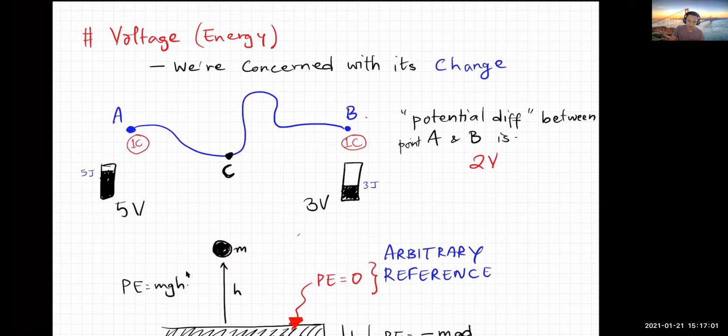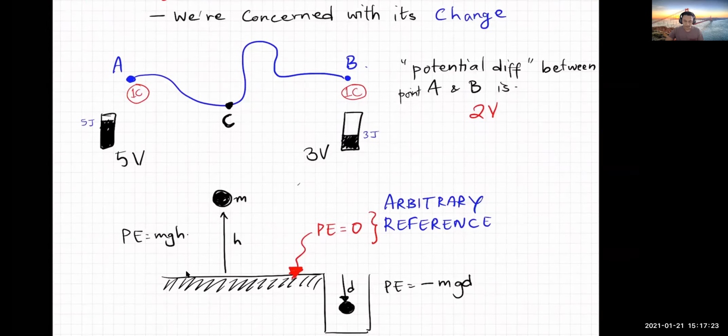So that's why whenever we talk about voltage, we're always talking about potential difference. Mostly we're talking about potential difference between 2 points, point A and B. And that gives us a measure of what potential difference there is in energy between the 2 points. Okay.